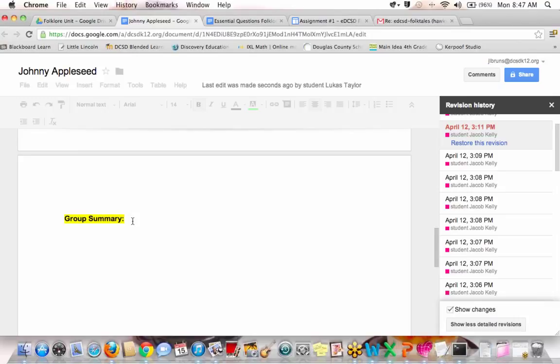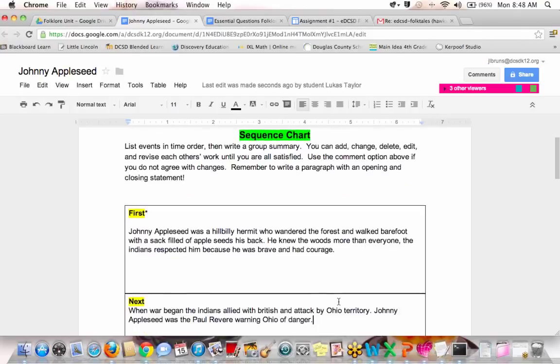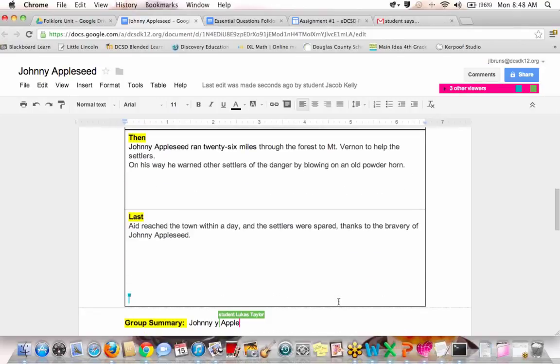I was thinking like Johnny Appleseed was a barefooted hermit hillbilly who carried a sack of apple seeds on his back. Very good. And Lucas is actually on the doc right now and typing that. So Johnny Appleseed was a hermit hillbilly. Look at this collaboration. I love it.